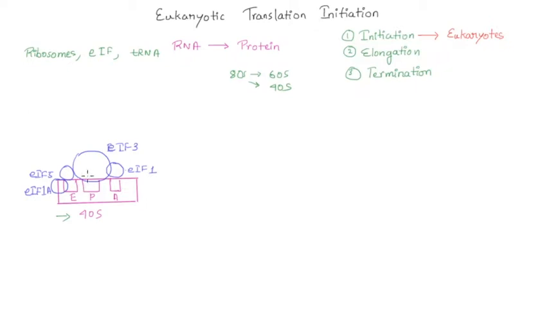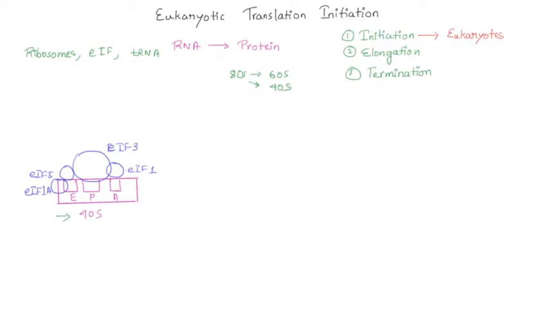These 4 initiation factors work in tandem and bind to the smaller subunit of the ribosome, thereby preventing the smaller subunit from associating with the larger subunit. So that is the main goal. These 4 different initiation factors bind to the smaller subunit and prevent it from binding to the larger subunit.